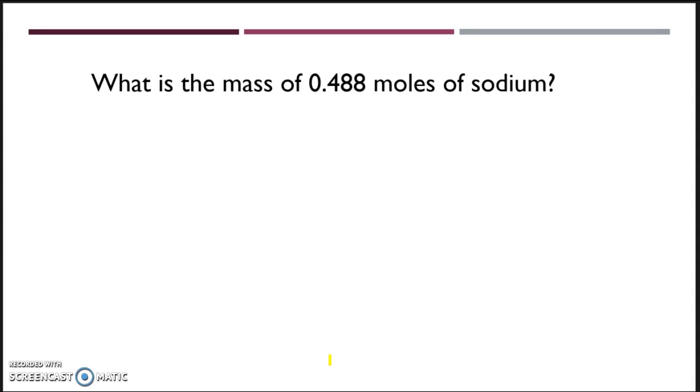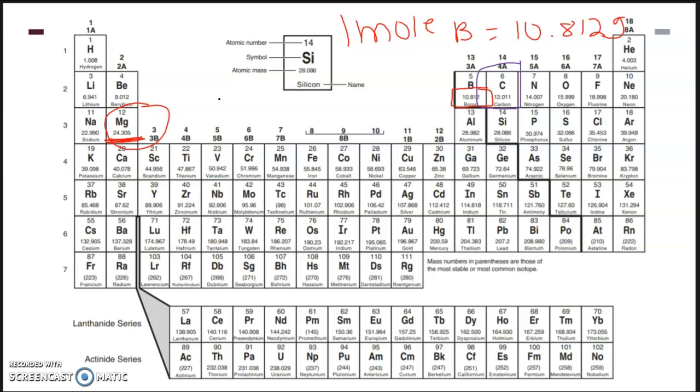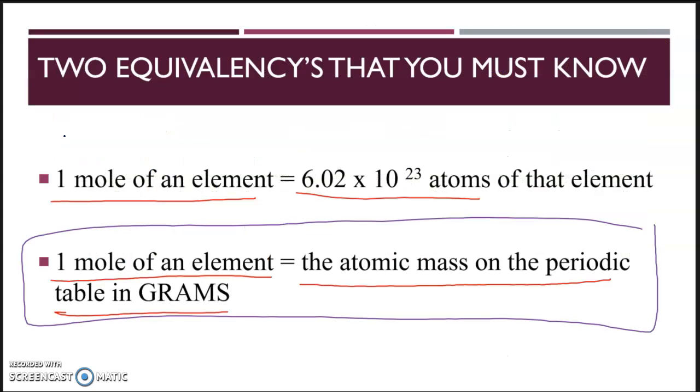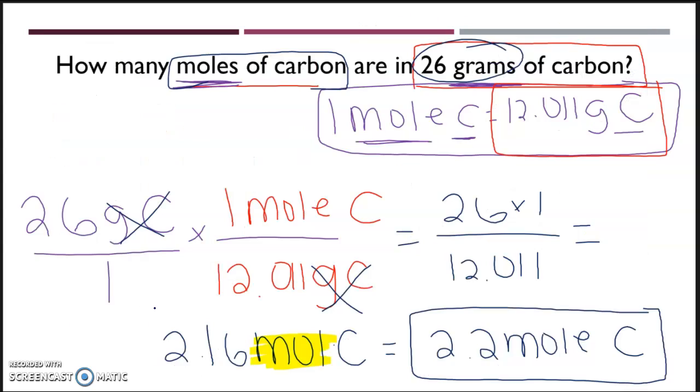Okay. Our next problem: what's the mass of 0.488 moles of sodium? This time we're starting with moles and we want to convert it to mass. We go to our periodic table and find sodium. It is right here, number 11. That mass, 22.990, in grams equals 1 mole of sodium.